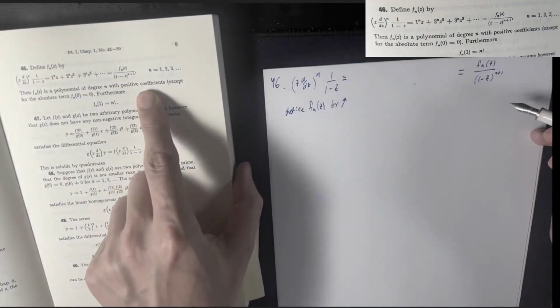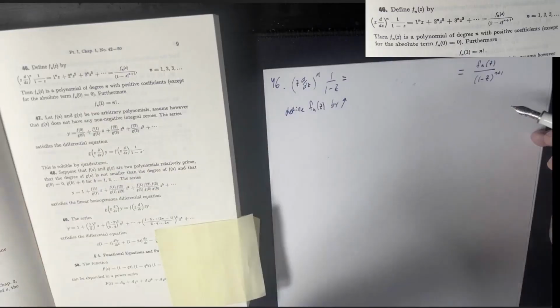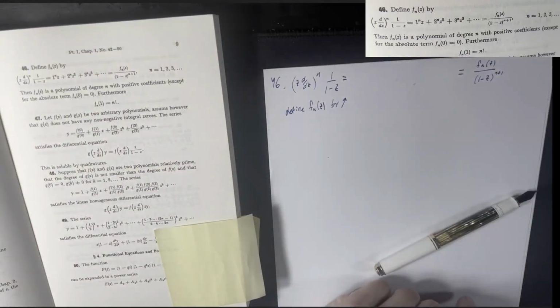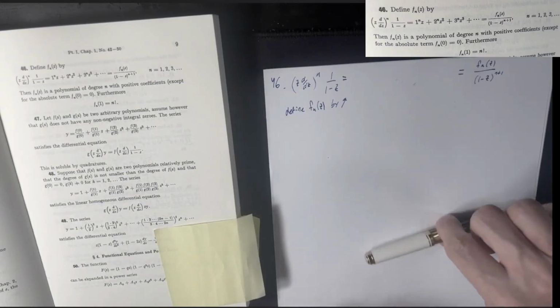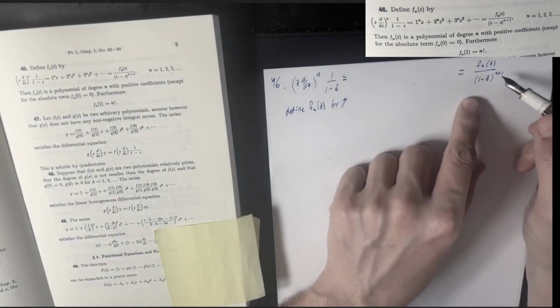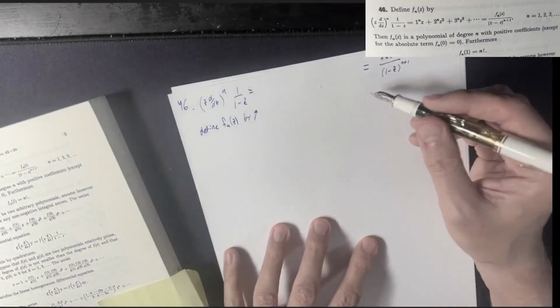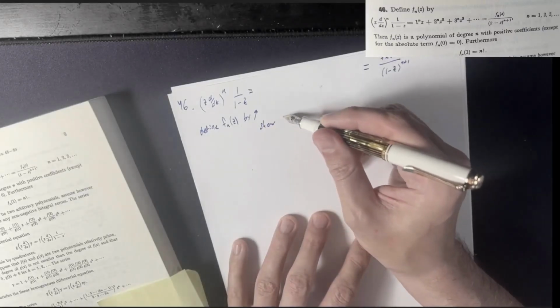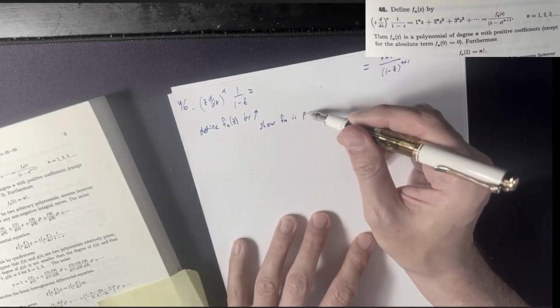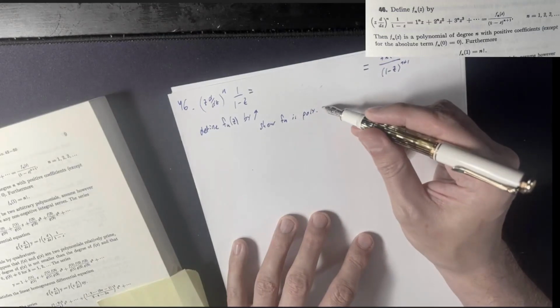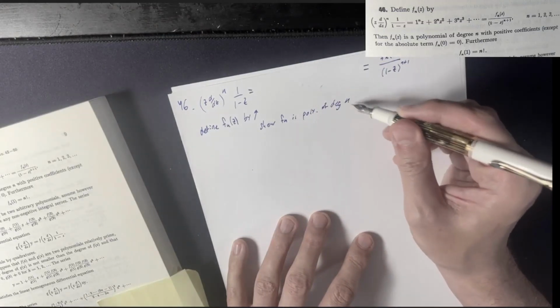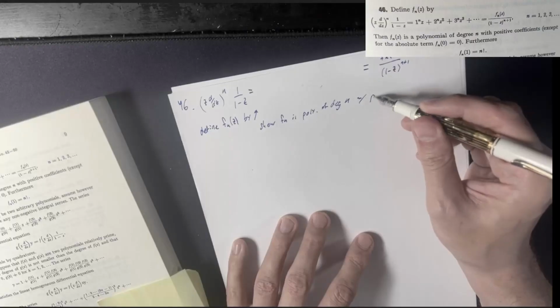Well, that I don't see. I understand that part. It's definitely a polynomial of degree n. But after that, you're going to lose me. So yeah, this is f_n. Show that it's a polynomial, obviously of degree n. That part is easy. But it has positive coefficients.